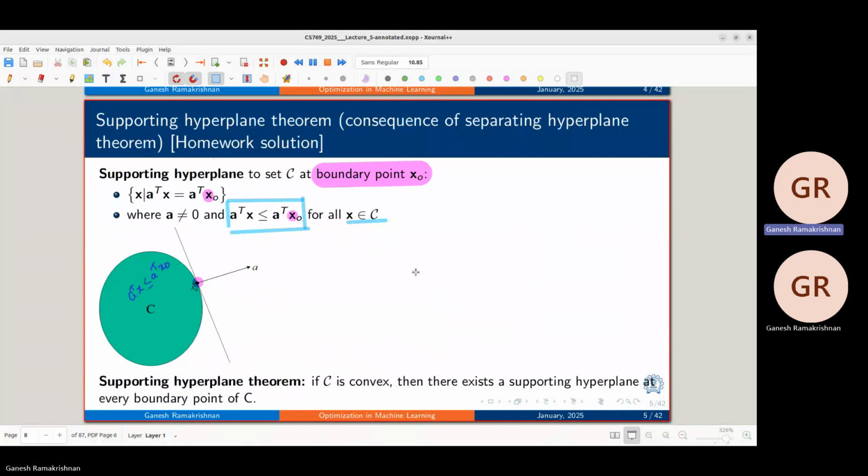Supporting hyperplane at x naught in C is a separating hyperplane between x naught and C. Is this a correct statement?